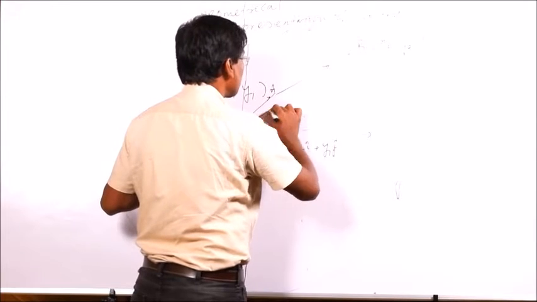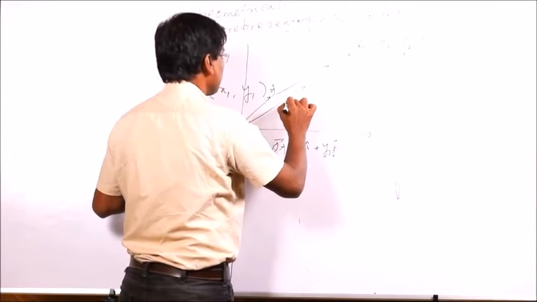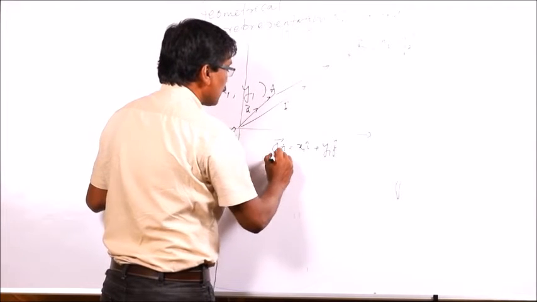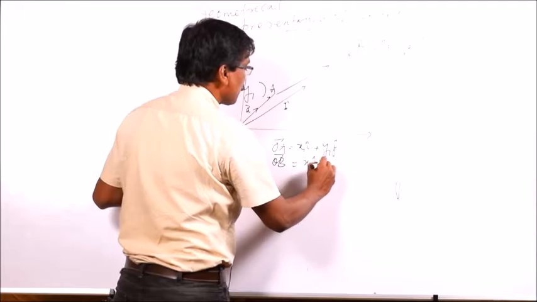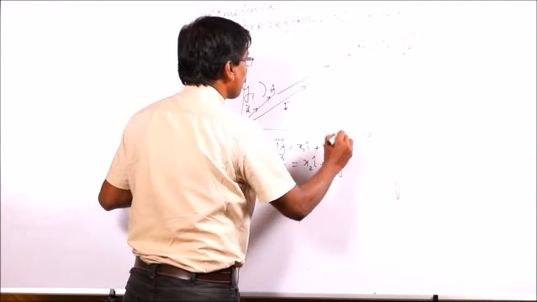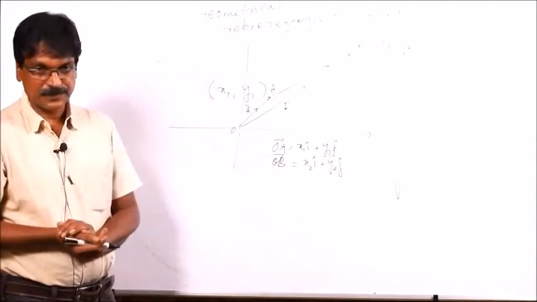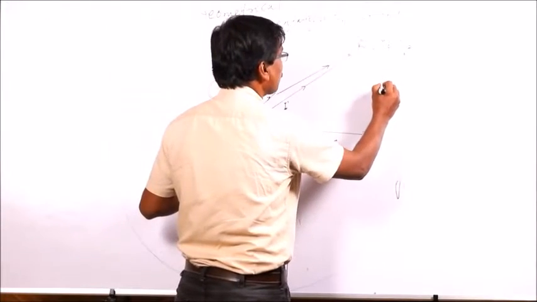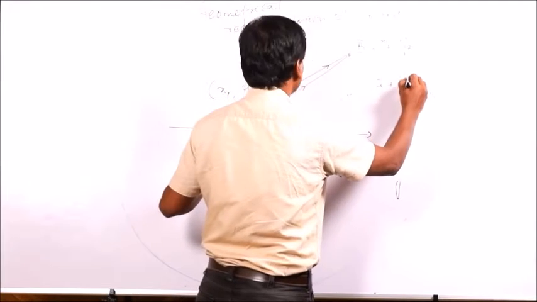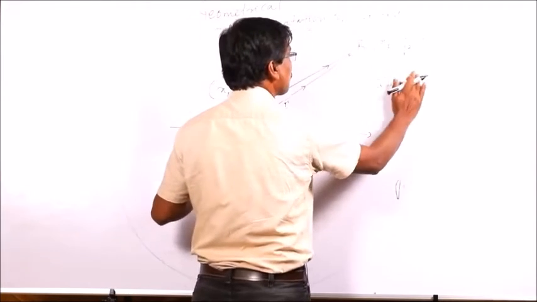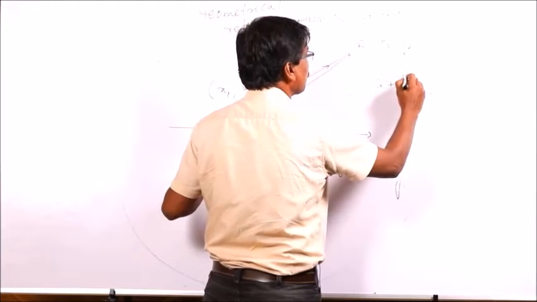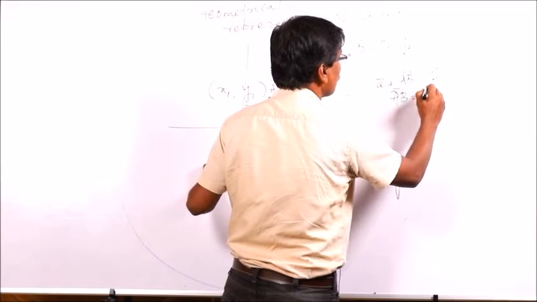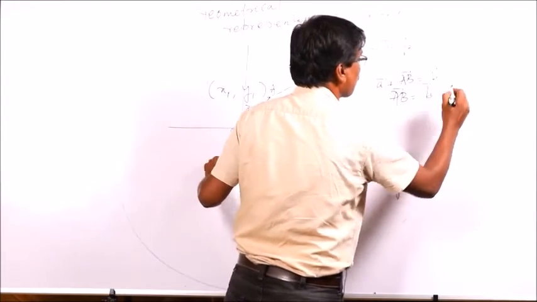Similarly, the position vector of B is OB vector, equal to x2 i cap plus y2 j cap. Now AB vector can be found by the resultant: OA vector plus AB vector is equal to OB vector. Then AB vector is equal to OB vector minus OA vector.